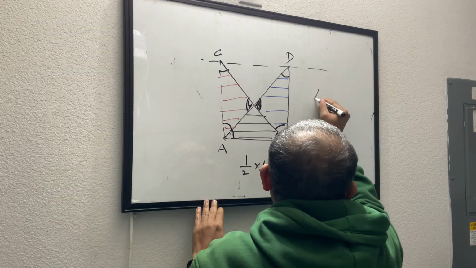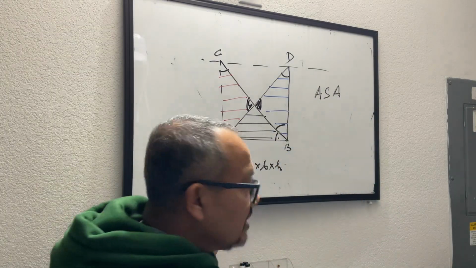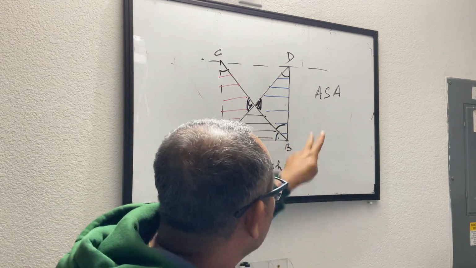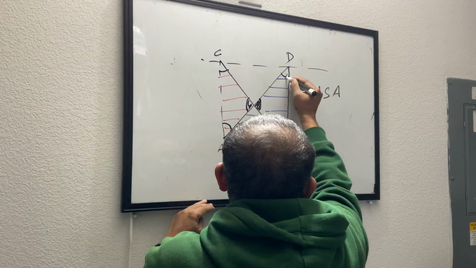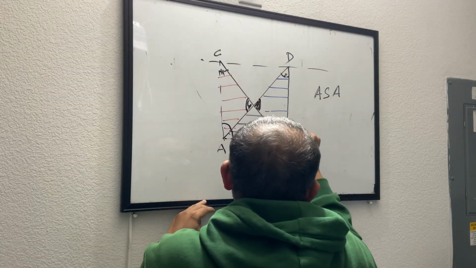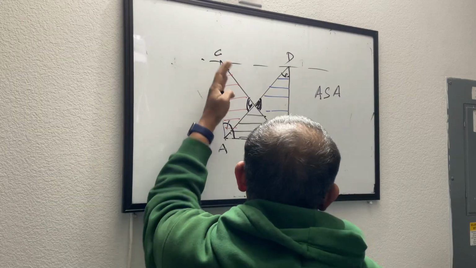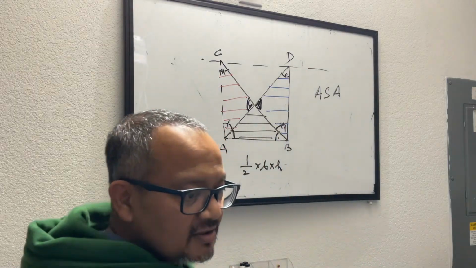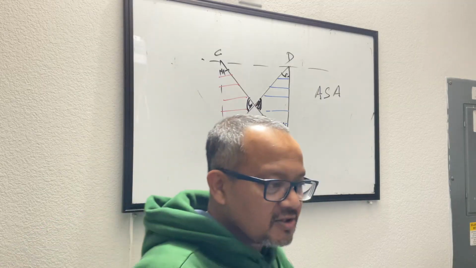So here you will apply a theorem of congruence called ASA. Angle, side, angle, meaning two angles and the side between them. Here all three angles are matching, and the side between these two is matching. So these are congruent. Now this is holding a little more water.